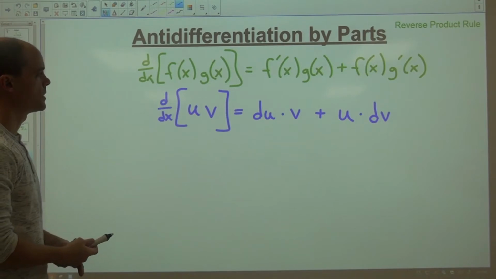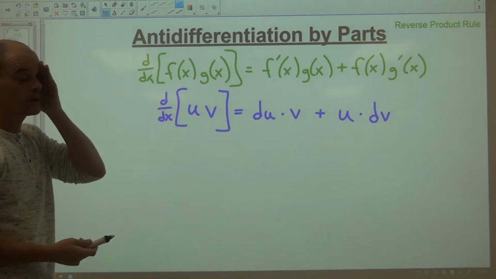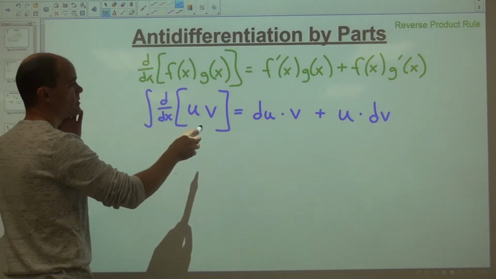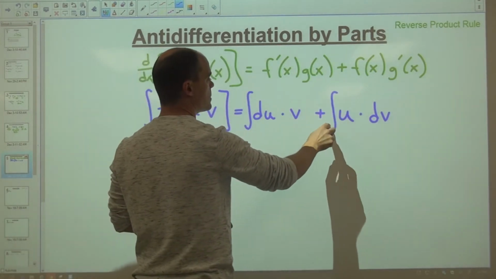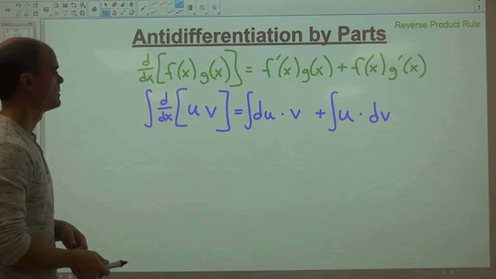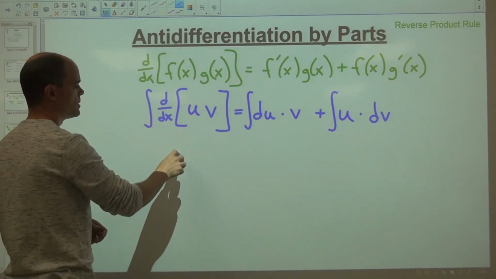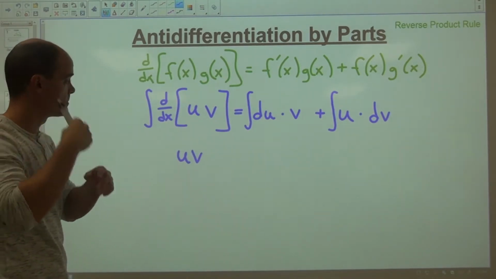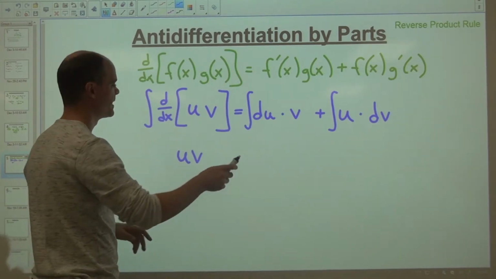Okay, good start. And now we're going to anti-derive this, just like we would anything else, just like an equation. So I'm going to anti-derive the left side, and I have to anti-derive both parts of these on the right side. Okay, well, the antiderivative of the derivative is just going to leave me with uv. Make sure you wear sunglasses and put some sunscreen on, because the uv can be really damaging. So that's lame, I know, I get it.